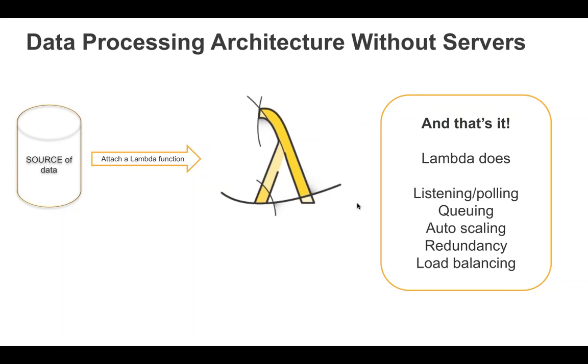You don't have to worry about queuing. You don't have to worry about auto-scaling. You don't have to worry about cross-availability zone replication or redundancy. Lambda just takes care of all of it. We just write a function once. We determine a way in which that function will be invoked or executed, such as an event, and then everything else is managed behind the scenes. It's a massive simplification of what we need to do to have our outcome for that particular function.